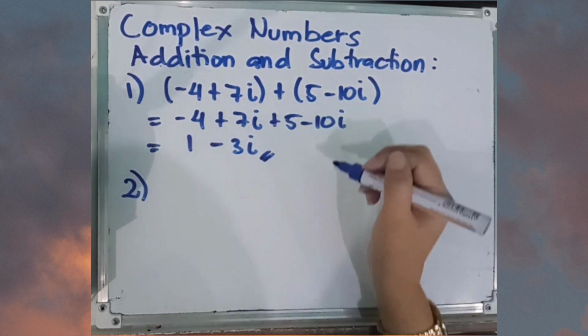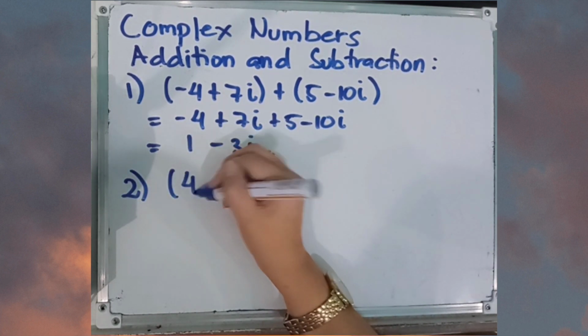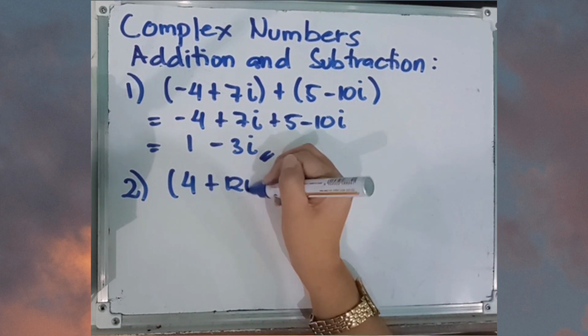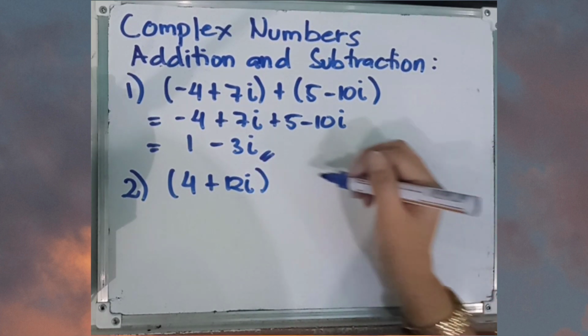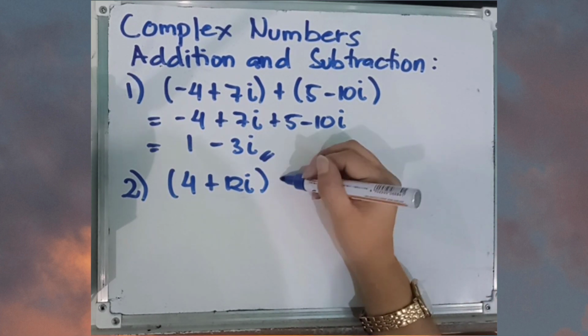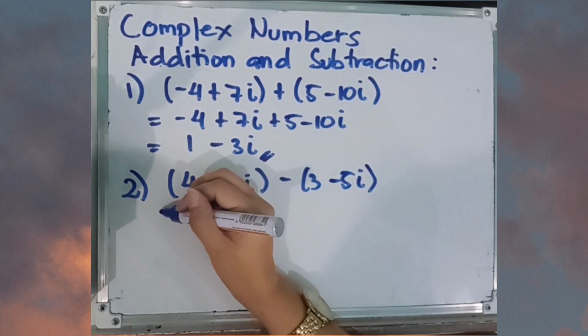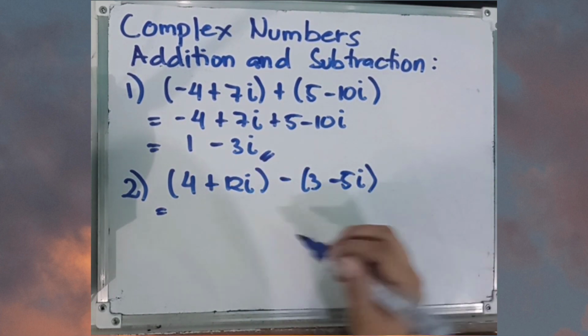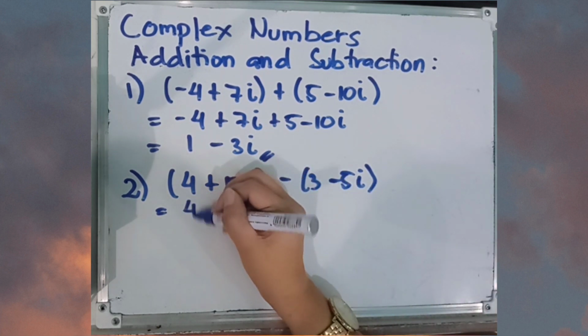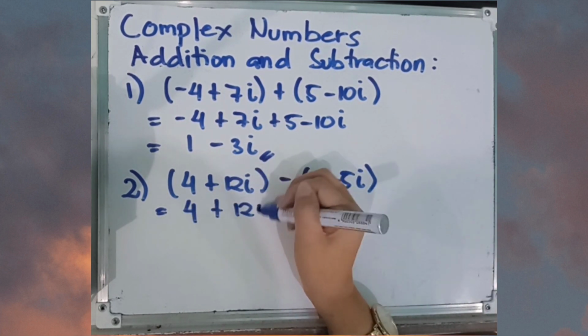Second example, let's say we have the quantity of 4 plus 12i minus the quantity of 3 minus 5i. If we remove the parentheses, that's 4 plus 12i.